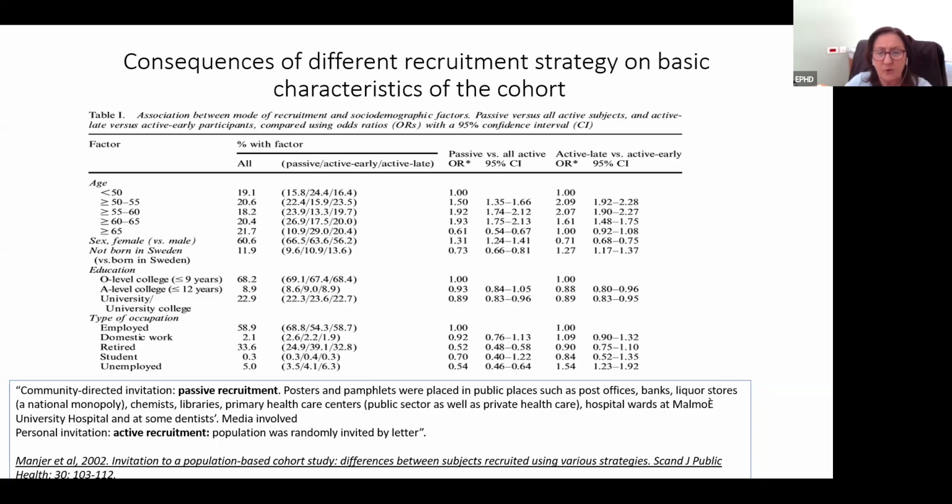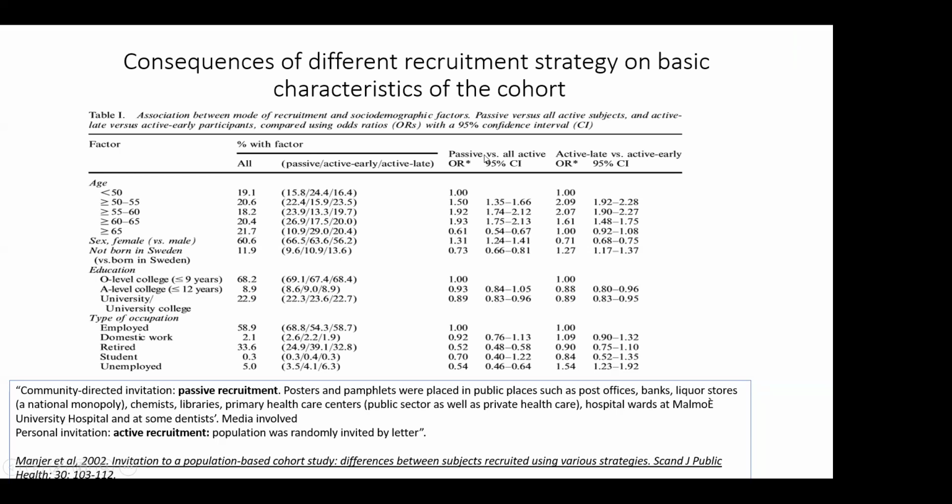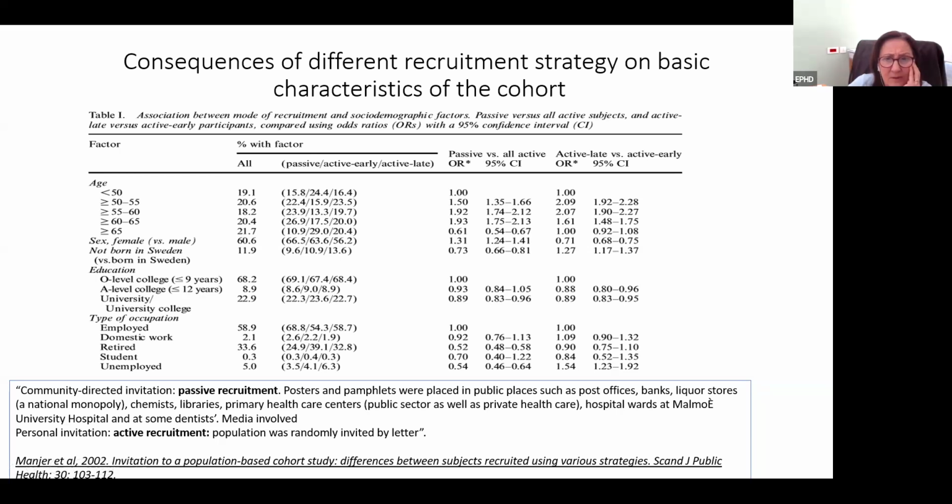Did you get me? So when you are in a university, it's less likely to be passive versus all active. And it is significant. Does that make sense? Yes, yes. Okay, or not? Yes, I got you.